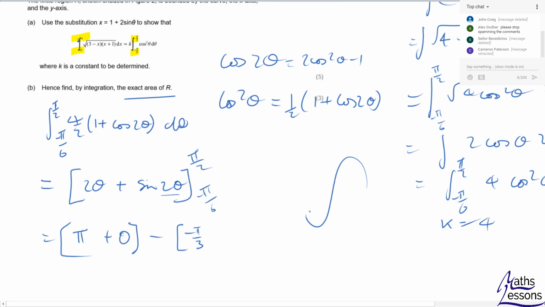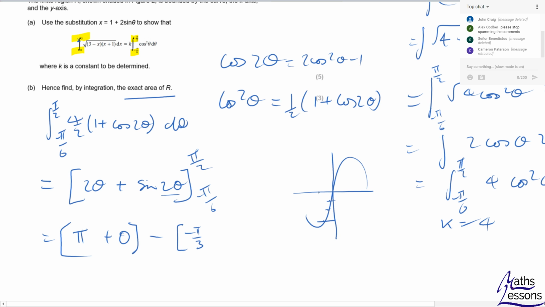a sine of it. Now, if you can remember your sine curve, well drawn, let's try that again. Okay, so there's where minus pi by 3 is. I remember my exact values go a half, root 2 over 2, root 3 over 2.